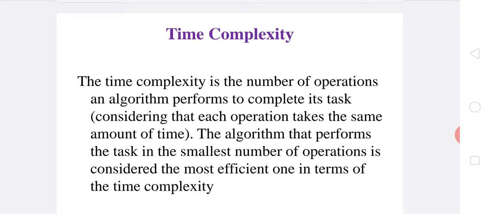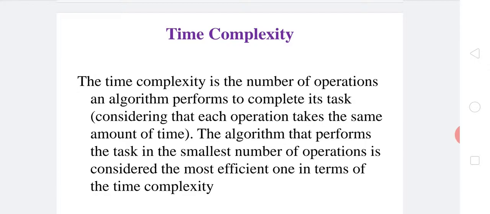The algorithm that performs the task in the smallest number of operations is considered the most efficient in terms of the time complexity. The space and the time complexity are also affected by factors such as your operating system, and also your hardware, but we are not including them in this discussion.